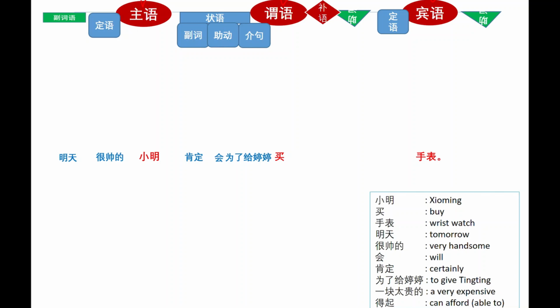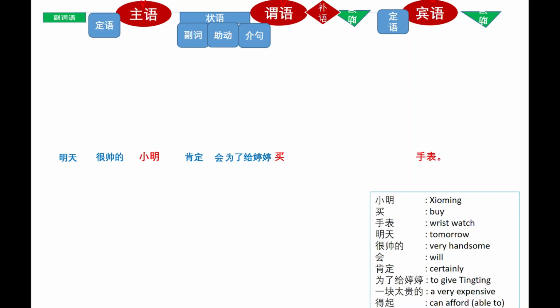Very good. Yeah, something is going on, right? Could you read it again? 明天很帅的小明肯定会为了给婷婷买手表.